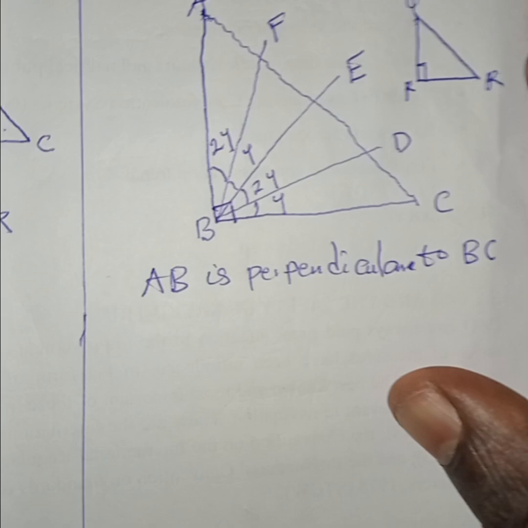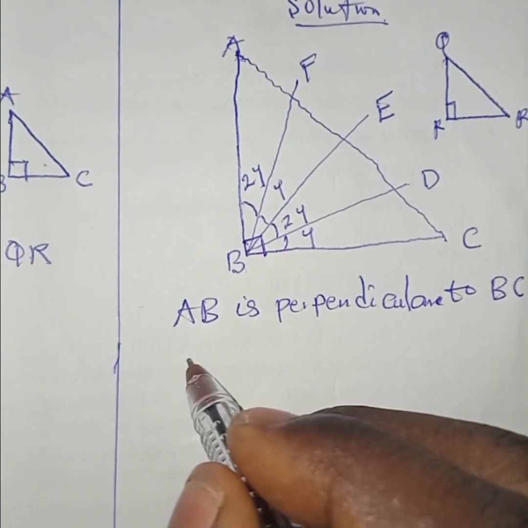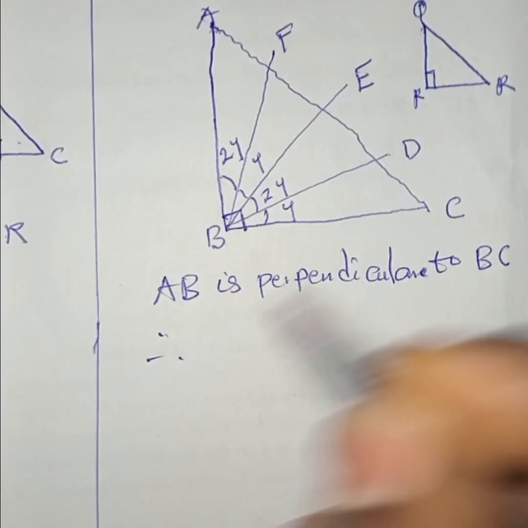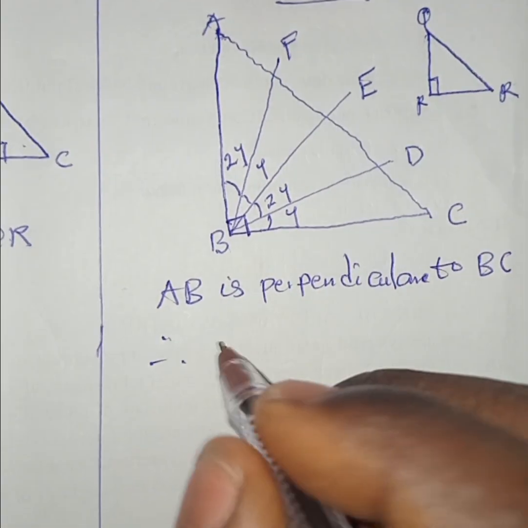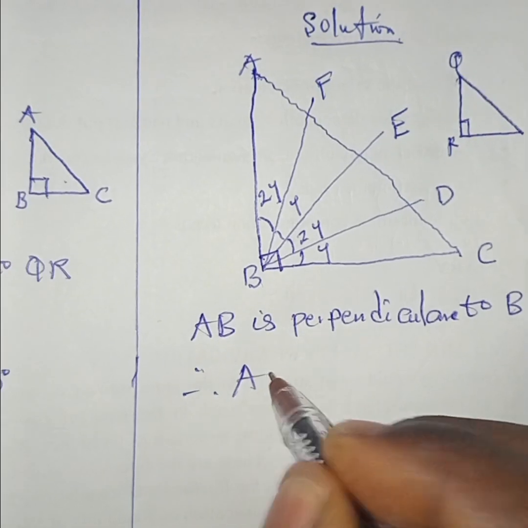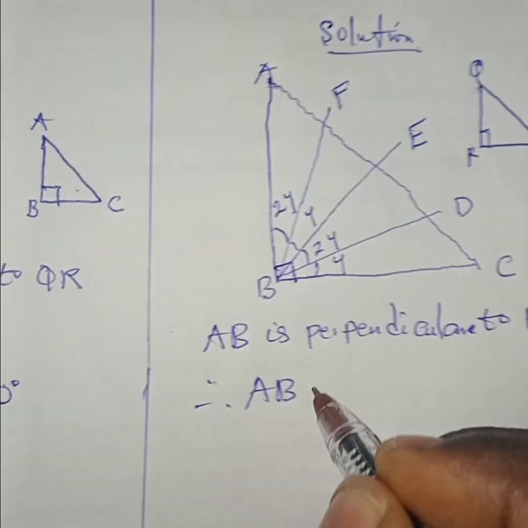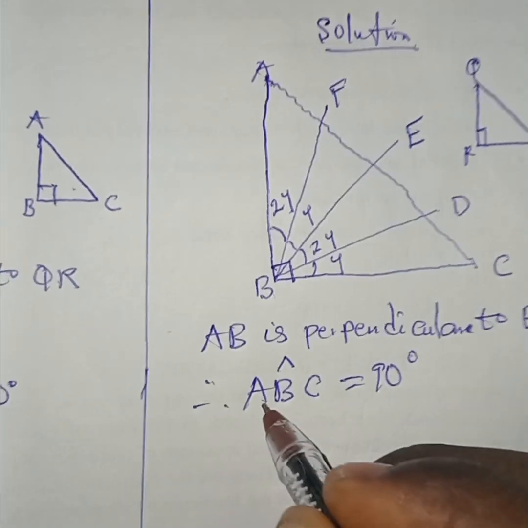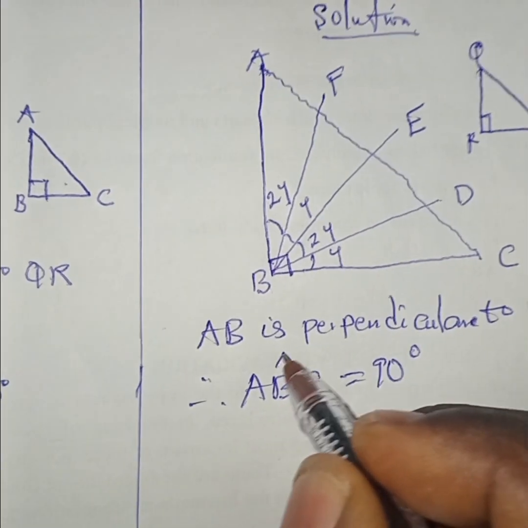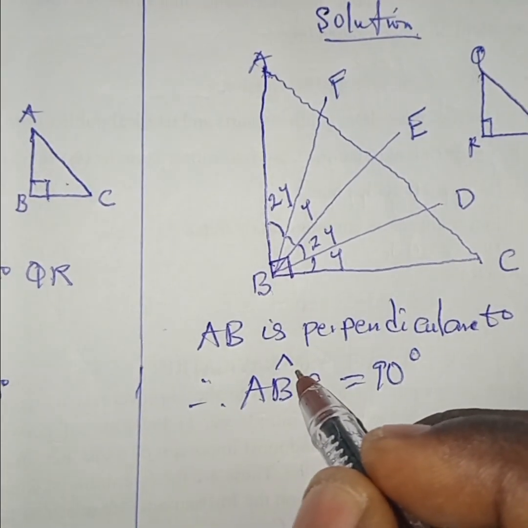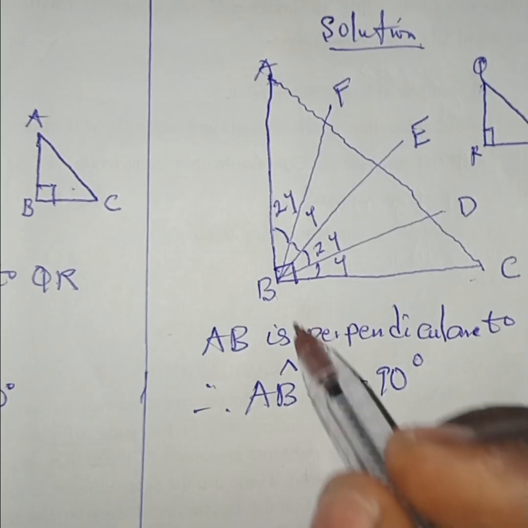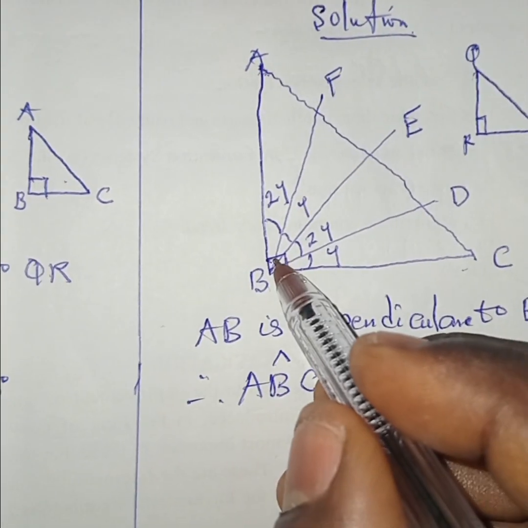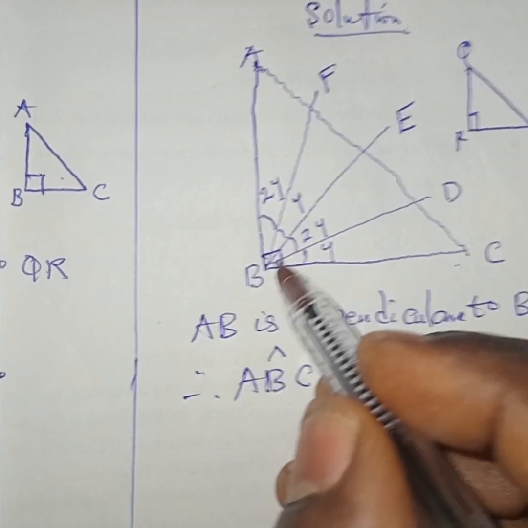So if it is taken, say therefore ABC is equal to 90 degrees. Now this sign represents a right angle. Why the sign is on B is because the 90 degrees is at the point where B is.